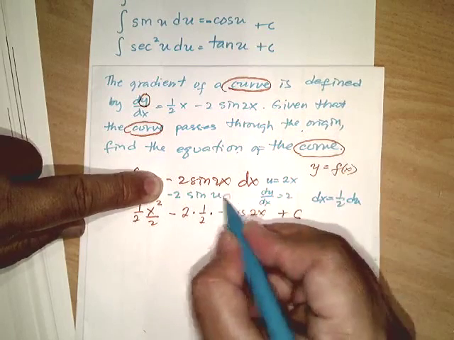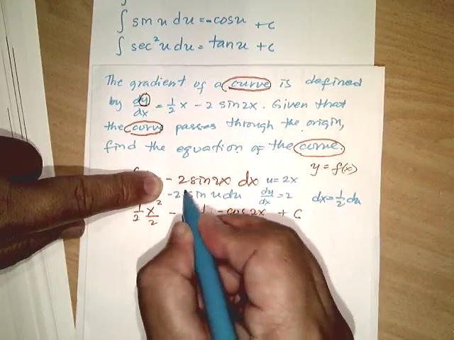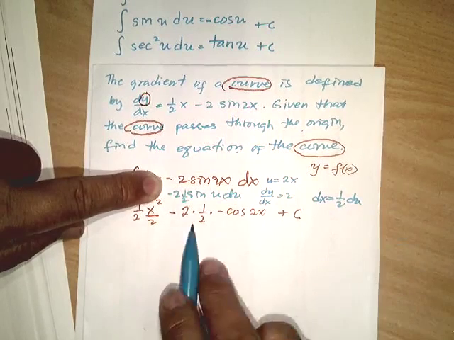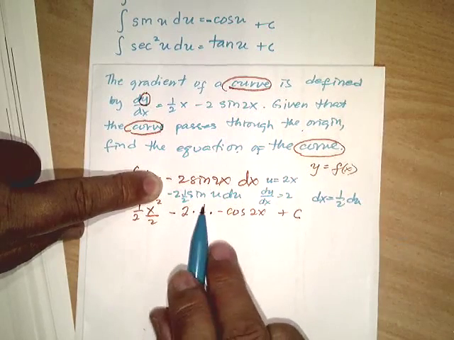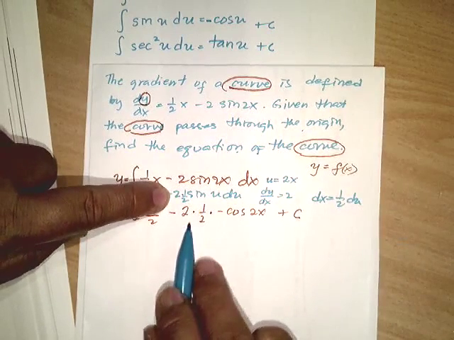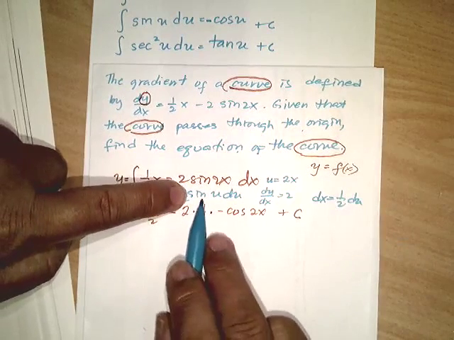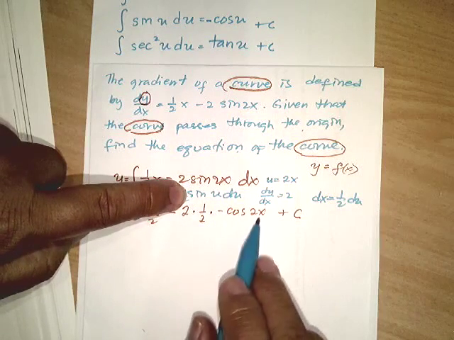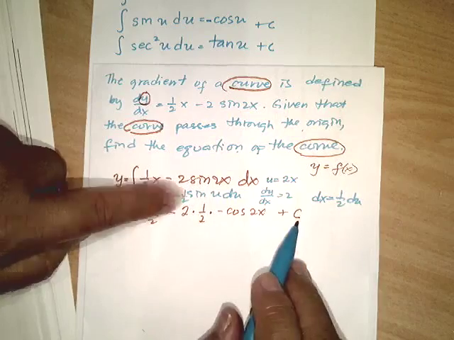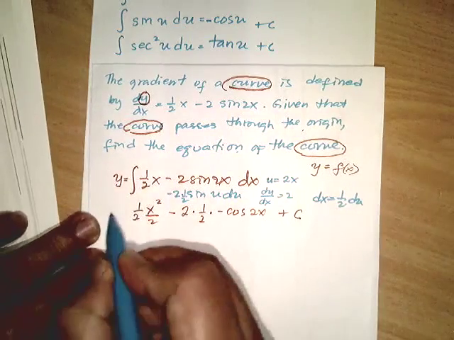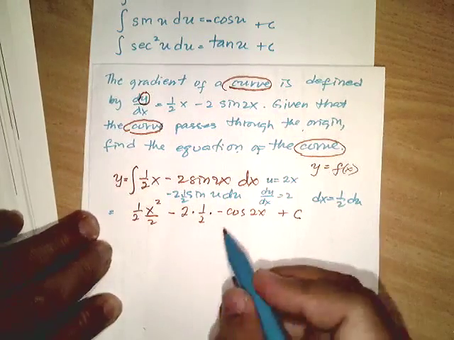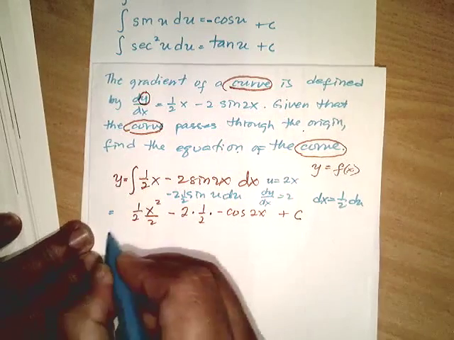That is exactly the same as the shortcut. The integral of sine u is negative cosine u, then you add plus c. However, you can do that shortcut if you want to.